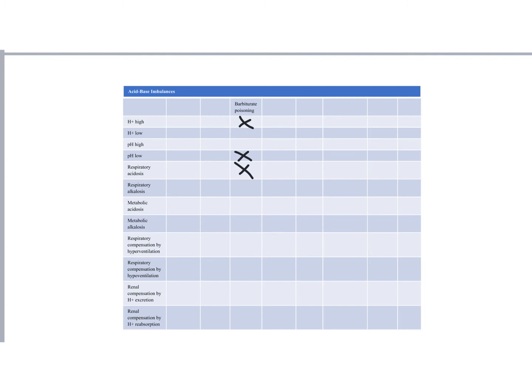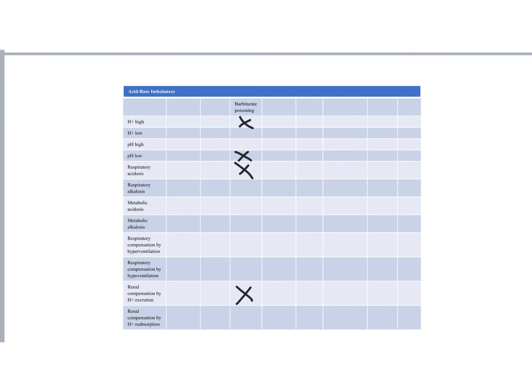Since this is a respiratory problem, the compensation is going to be using the renal system, the kidneys. Well, how do the kidneys raise your pH? It raises your pH by excreting excess hydrogen ion. As it gets rid of the hydrogen ion, it will help raise your pH back up to normal. So barbiturate poisoning is a respiratory acidosis.